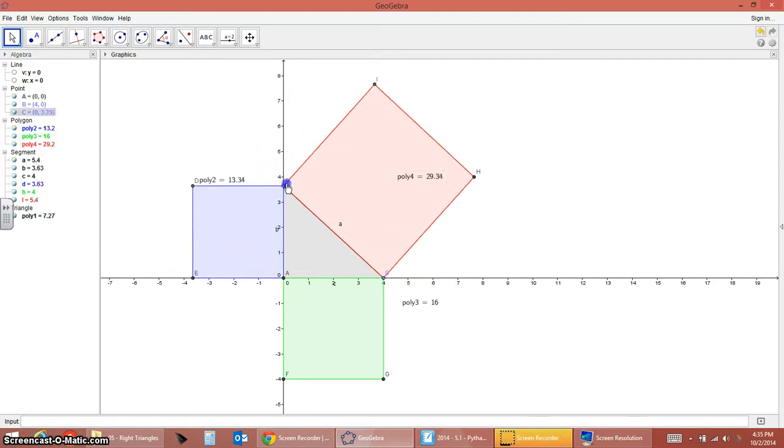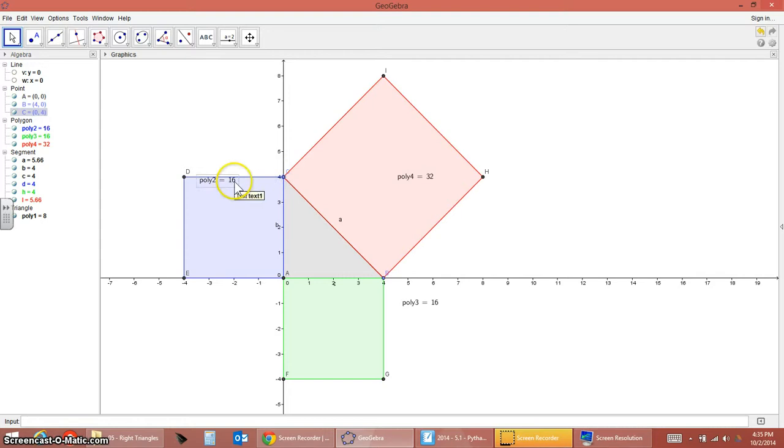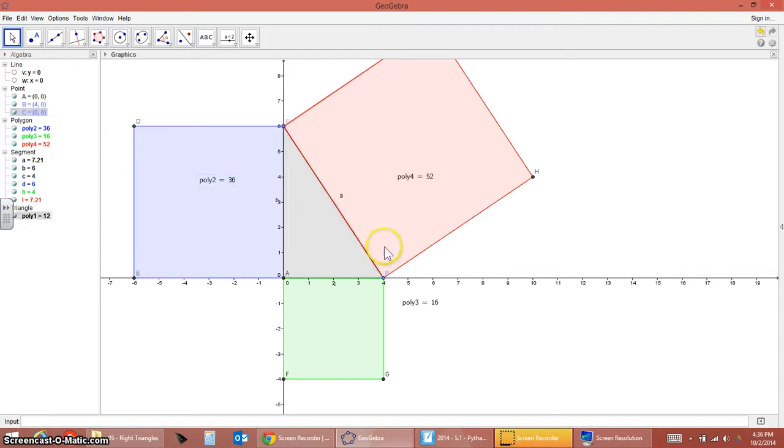So if I increase the side of this length here, 16, this area of the polygon became 32. So 4 squared plus 4 squared, that's 16 plus 16, does in fact equal the length of the hypotenuse squared of 32. So it doesn't matter what size the triangle is, 36 plus 16 equals 52.